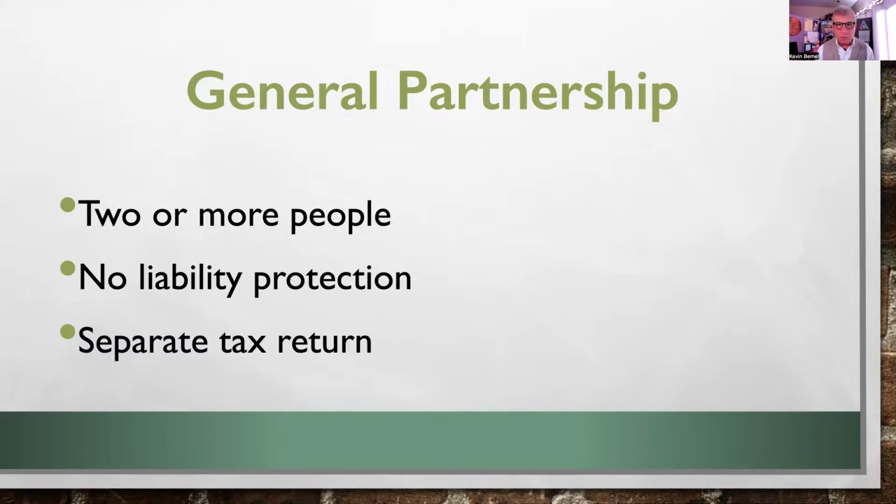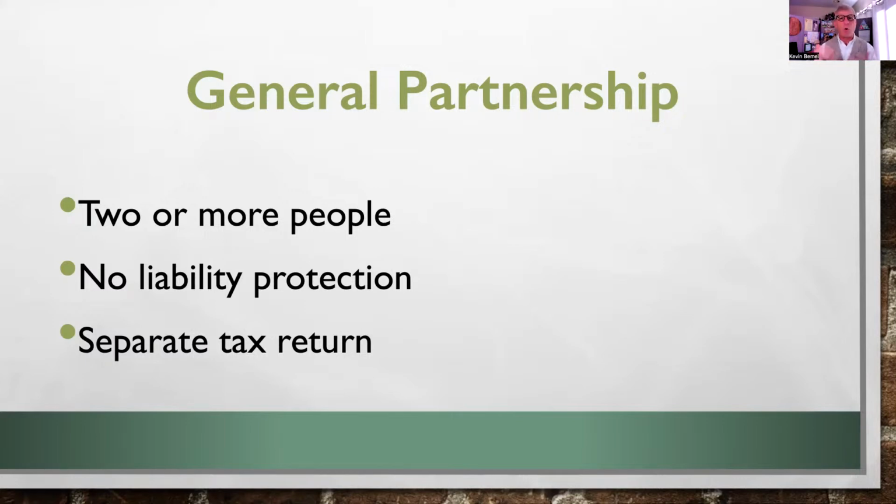Okay, so a general partnership is sometimes called a pass-through entity, meaning the partnership itself is a separate entity. It's a separate, what's called a person. The partnership is not alive, right? So there's two types of people under the law. There's a flesh and blood person like we are, and then there's something called a legal person.